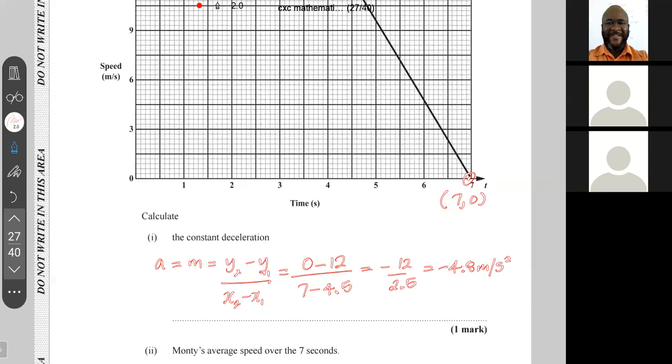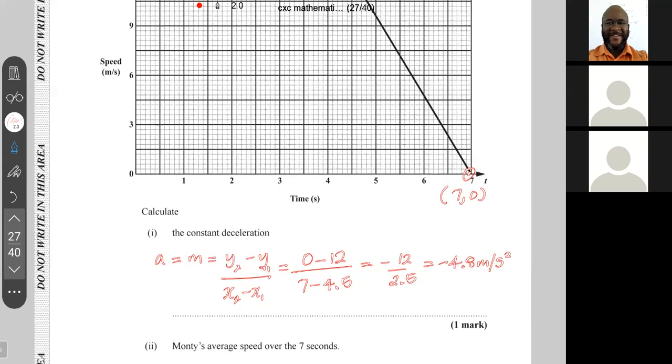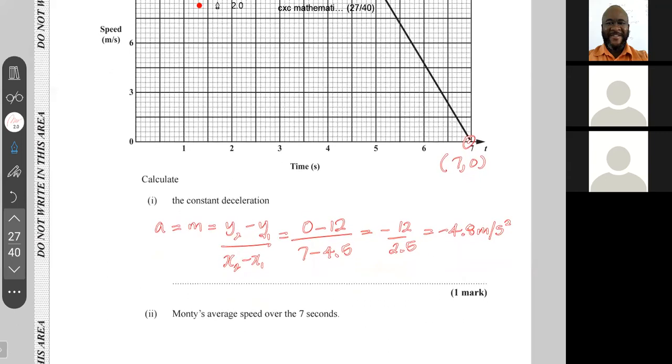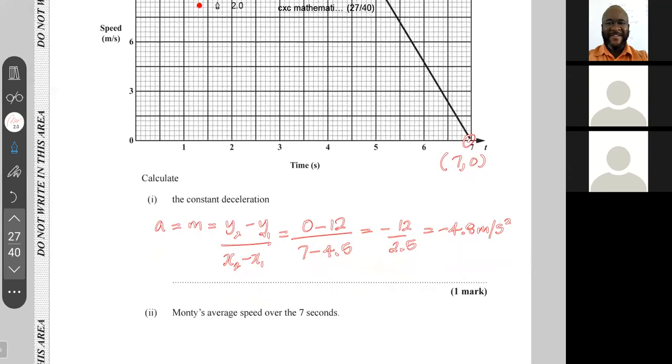All right, so the negative there is indicating the deceleration. So the deceleration, which is the gradient, is minus 4.8 meters per second squared.